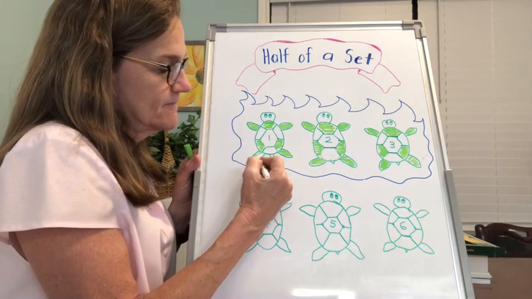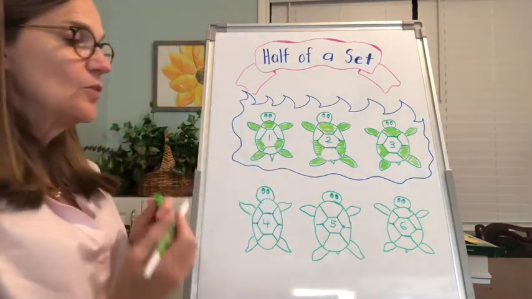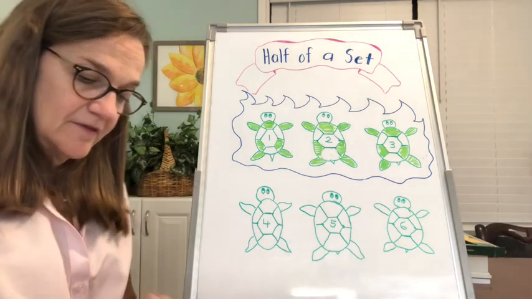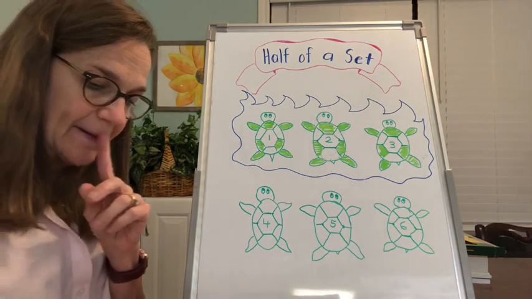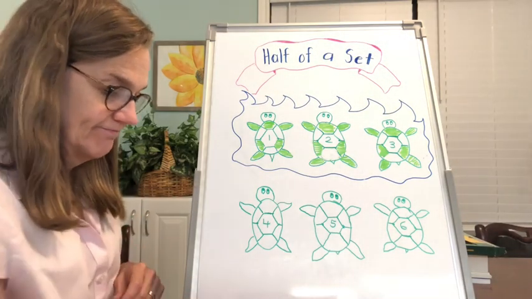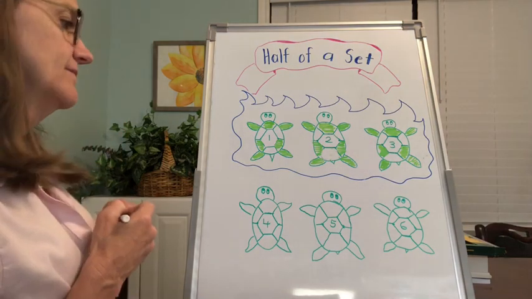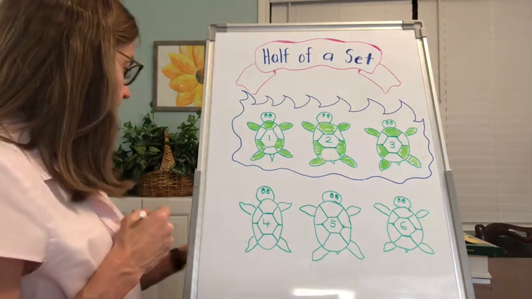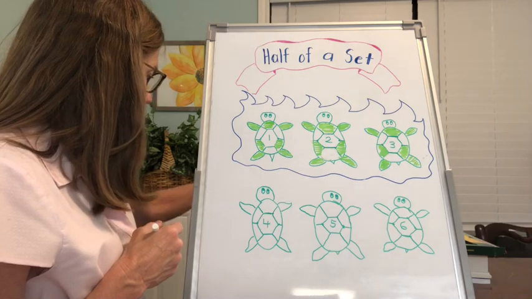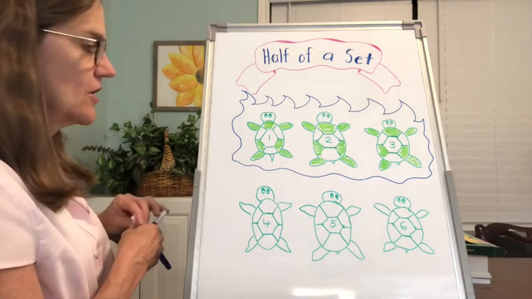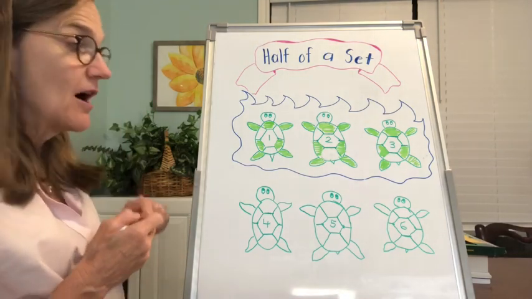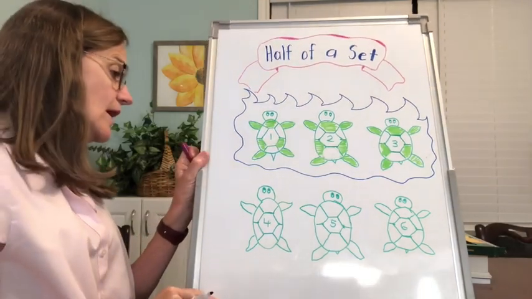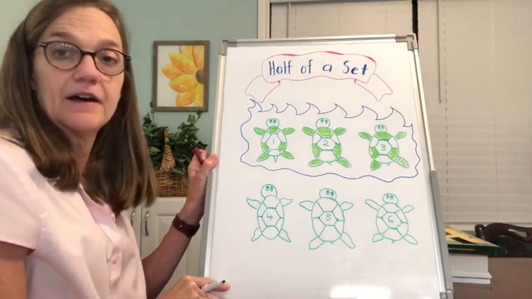Okay. There we go. Then we want a journal, and we want it to say, I think I'm going to take dark purple. At the bottom you can write, this is 1/2 of the turtles.